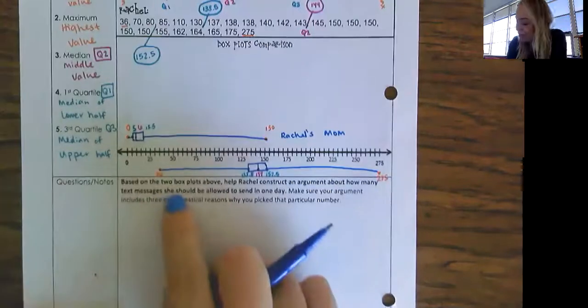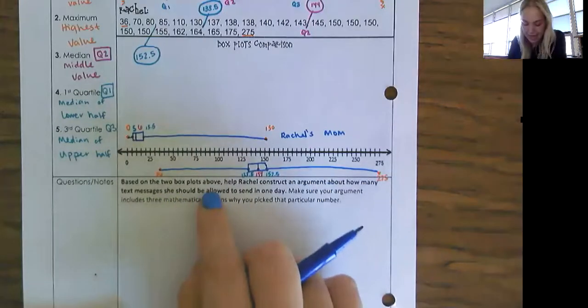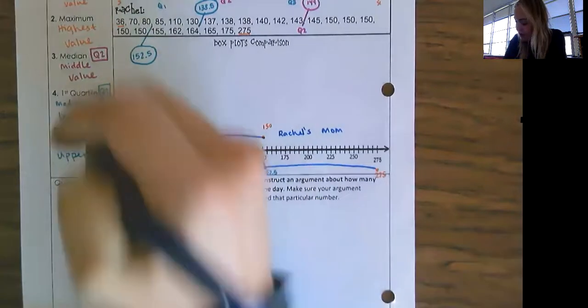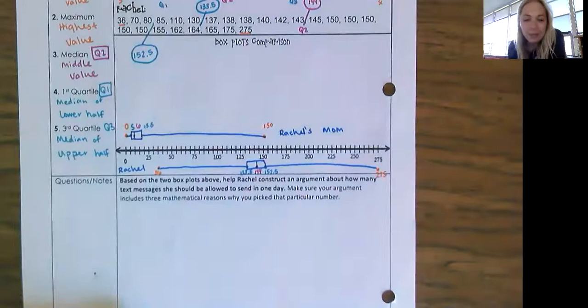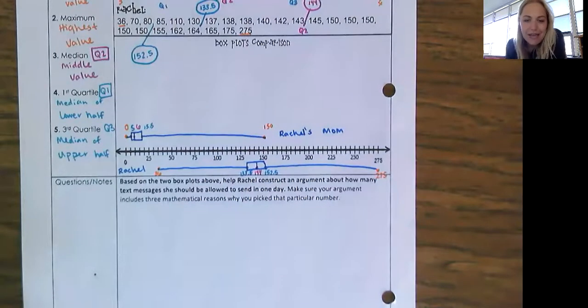Let's look down here. Based on the 2 box plots above, help Rachel, oh, hold on, I forgot to put a label for Rachel. That's Rachel's data. Help Rachel construct an argument about how many text messages she should be allowed to send in 1 day. Make sure your argument includes 3 mathematical reasons why you picked that particular number.